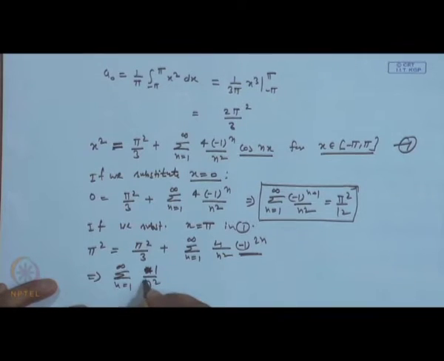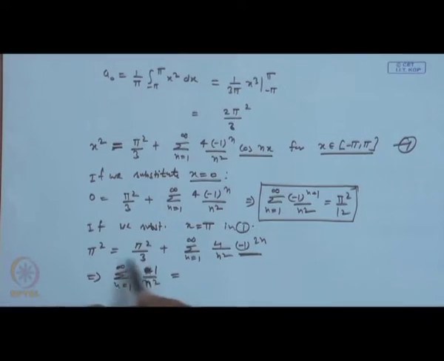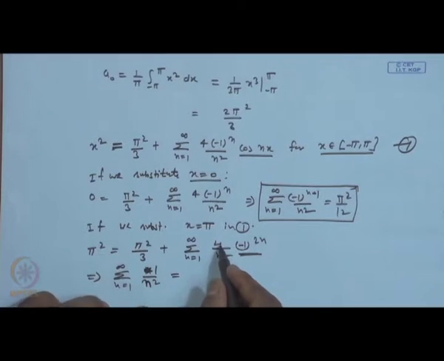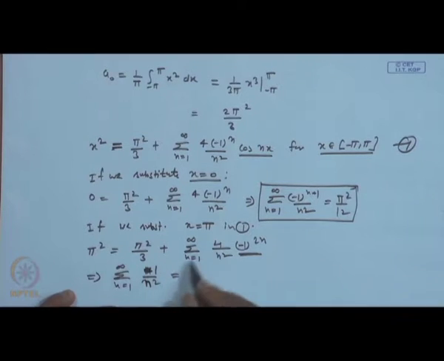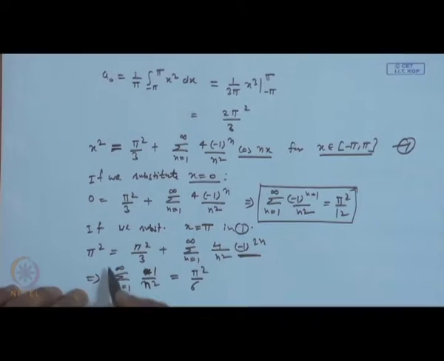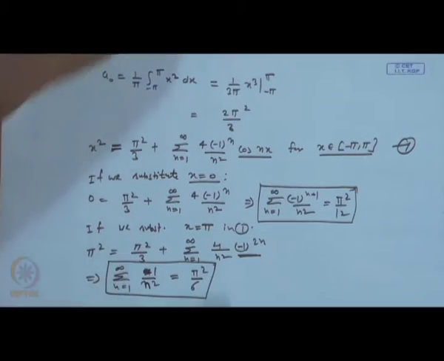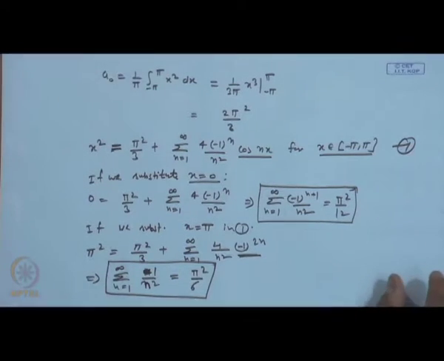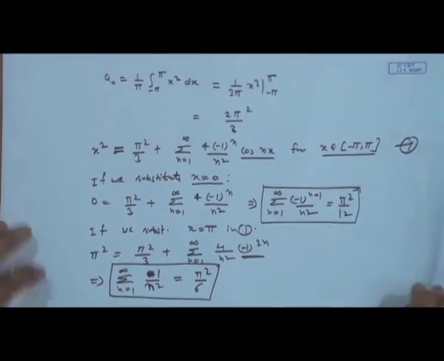So the sum of 1 over n square from 1 to infinity will be pi square minus pi square over 3. So 2 pi square over 3, and then we have also this 4 there. So that will be pi square by 6 then. So that is also one application of this Fourier series, where we can get the sum of the series.